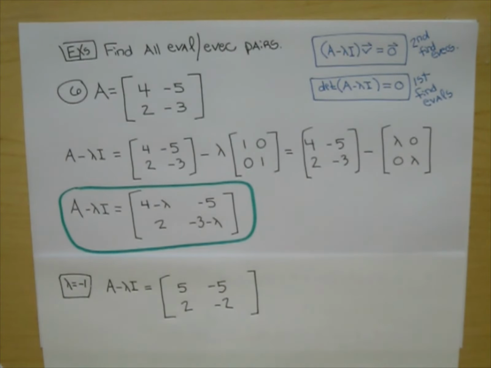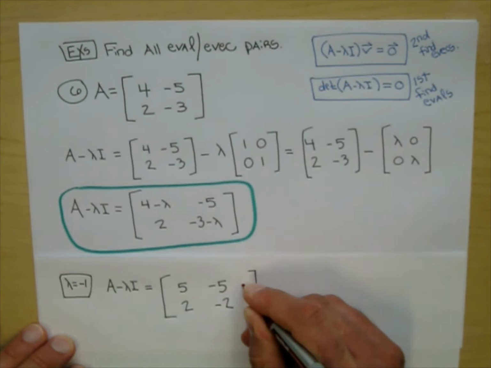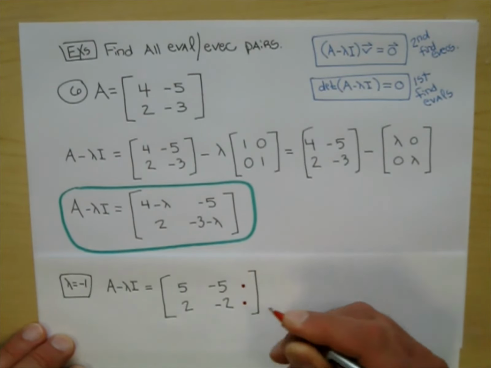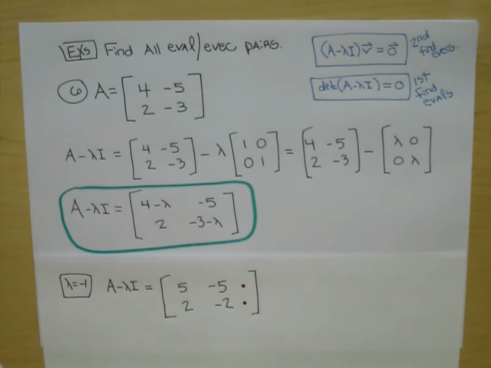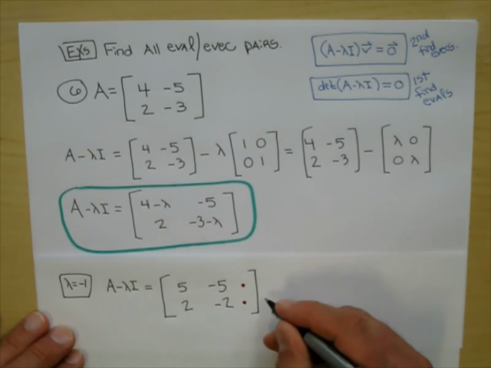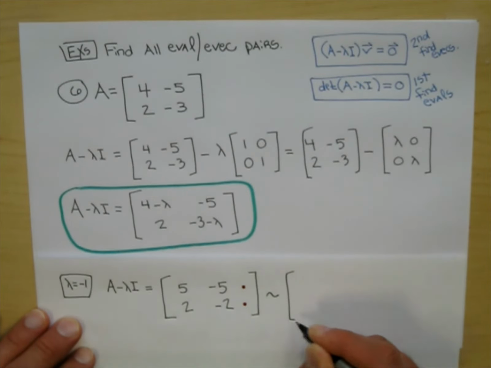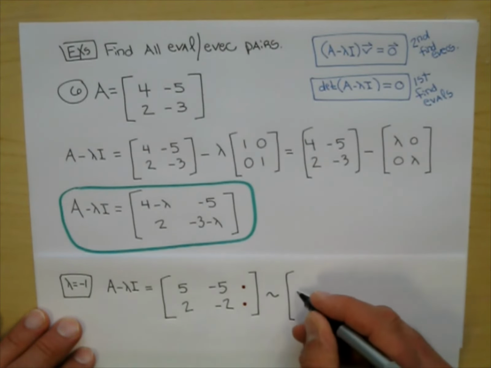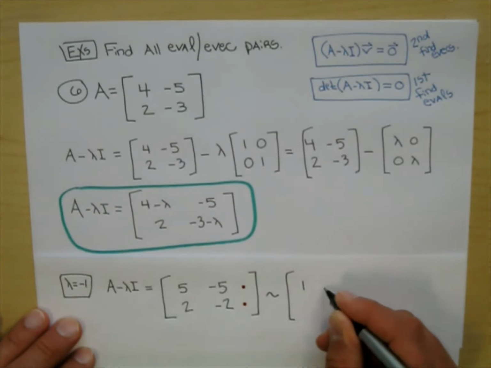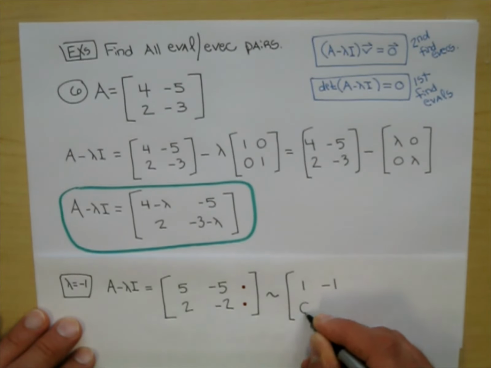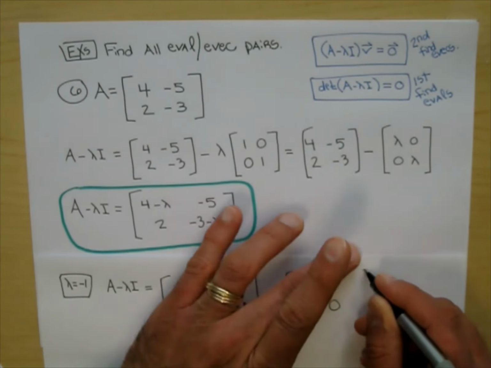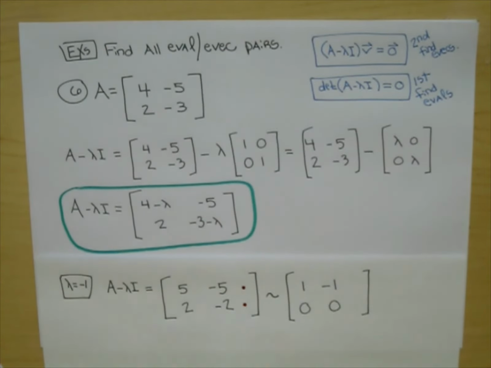Now, instead of writing a whole new augmented matrix, I'm going to do this bad habit of mine and say, oh, those red dots are zeros. And let's see if we can reduce this matrix here. Well, it's not so hard to see that this matrix reduces to 1, -1, and then 0, 0. And we could put the right-hand column in there, 0, 0.